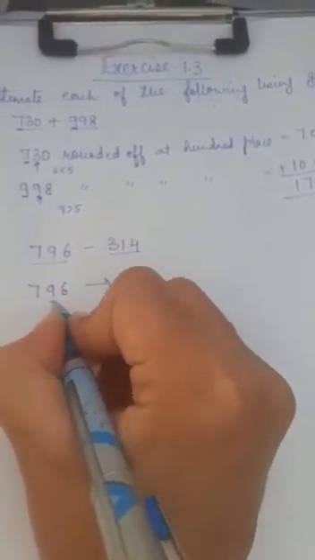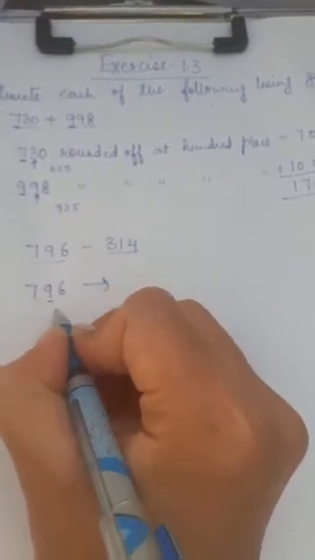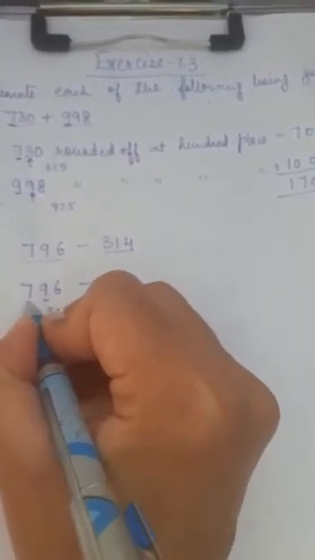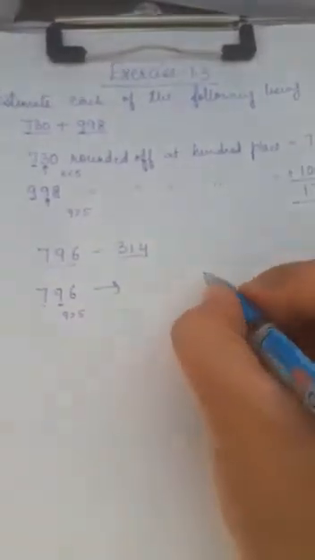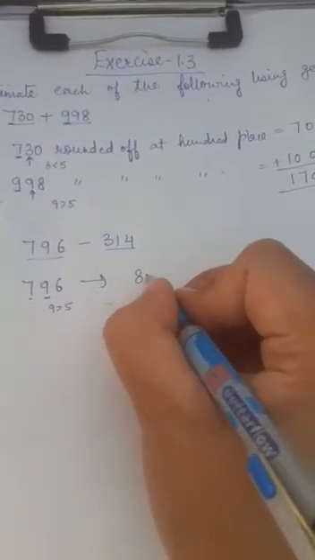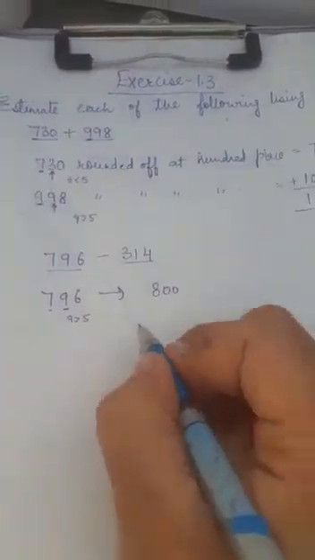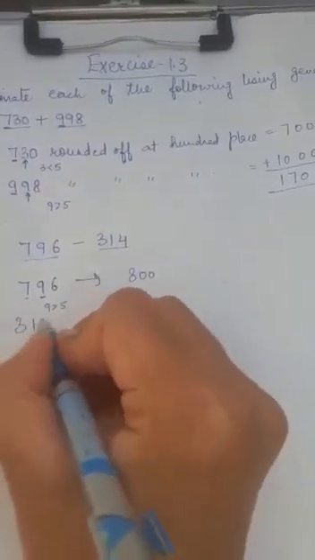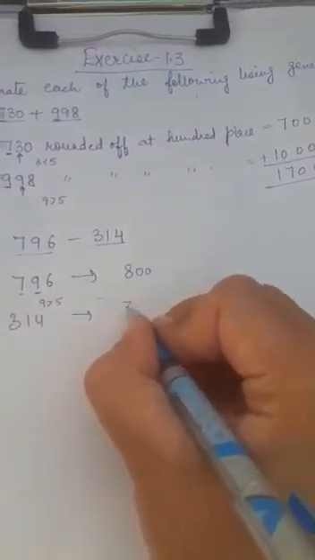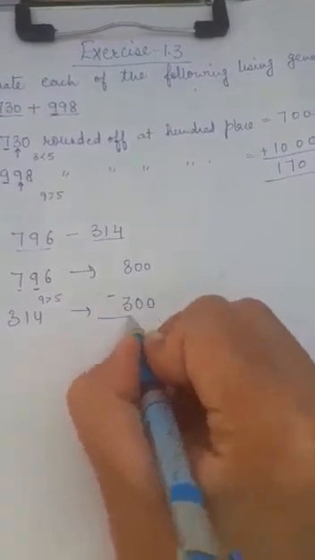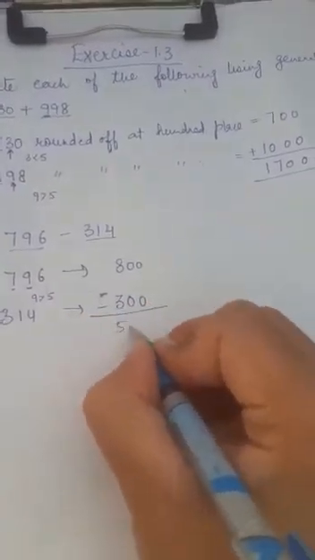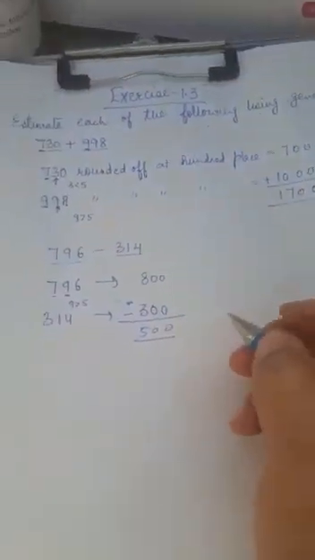Look at the digit at the tens place. It is 9, which is greater than 5. So the digit at the hundreds place will be rounded up. That means 7 will become 8, and the remaining 2 digits will become 0, 0. Now 314 is rounded off to 300. The rule is the same. Subtract both the numbers and you will get 500.